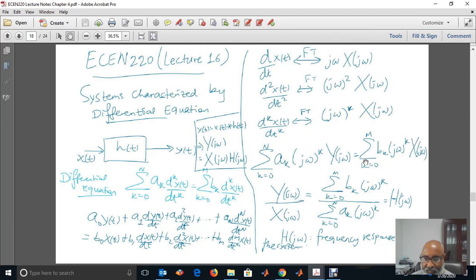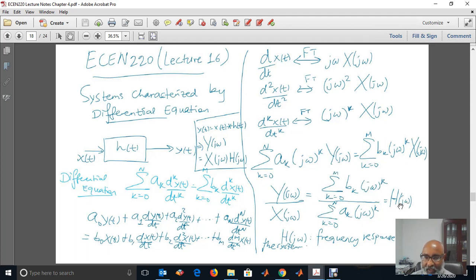Remember, I have the summation. So Y(j omega) over X(j omega), from this relation, is equal to the summation of b_k (j omega)^k over the summation of a_k (j omega)^k. So what is this, Y(j omega) over X(j omega)?